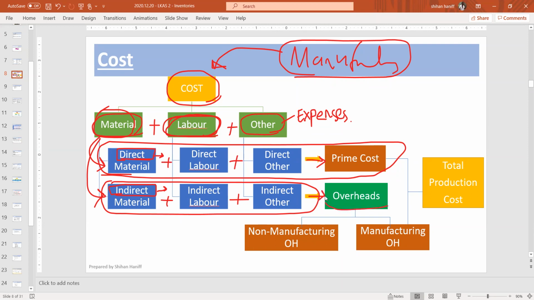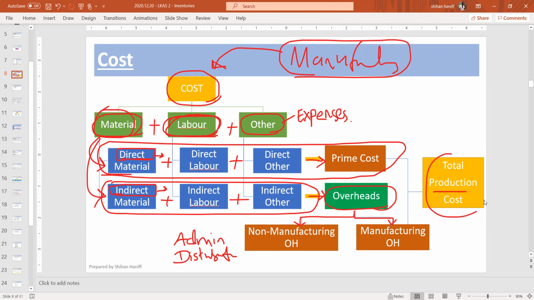Again, the overhead costs are divided into manufacturing overheads, related to the production, and non-manufacturing overheads, meaning administration overheads and selling and distribution overheads. These we don't take under production cost.